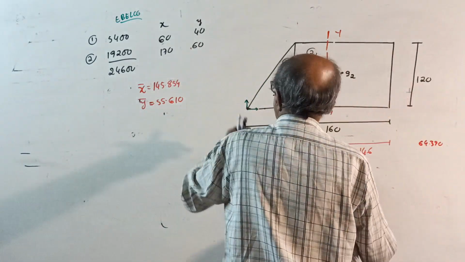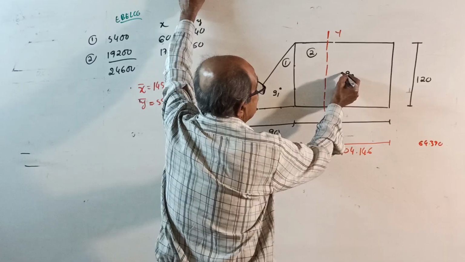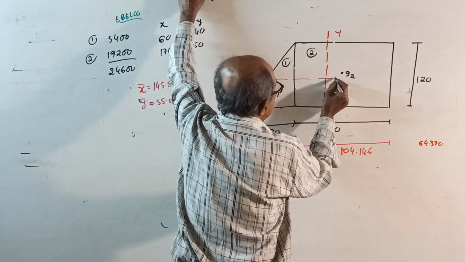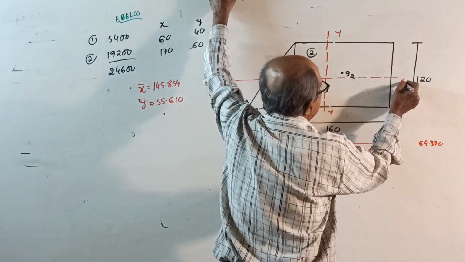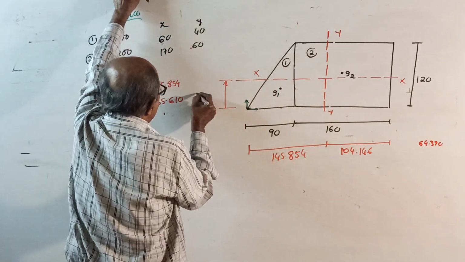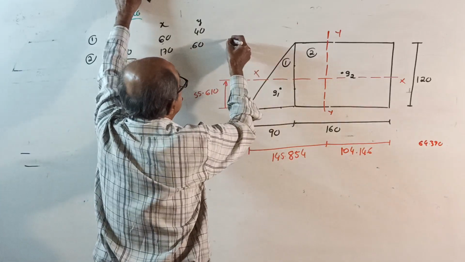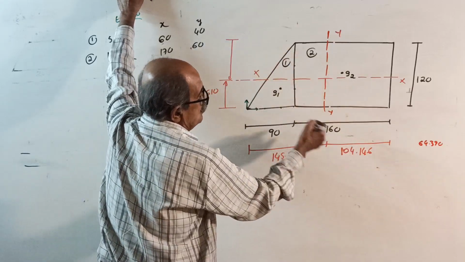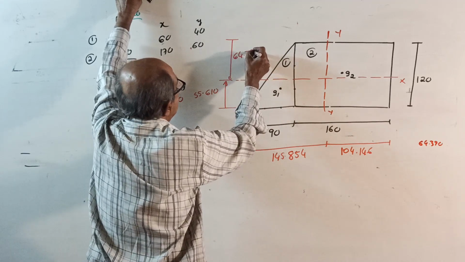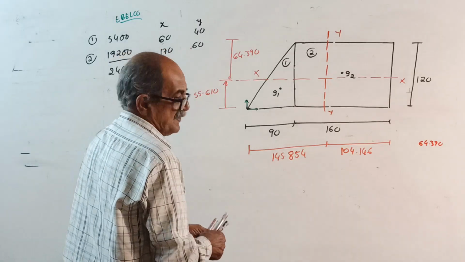Y bar we got 55.610. See, the center is 60, above this point and below this one. 55.610 means from the top it will be 64.390. Okay, this will give you the location of x and y.